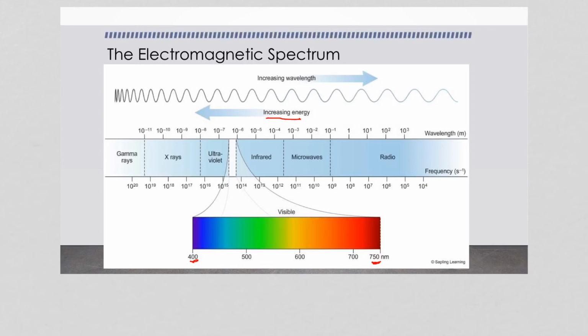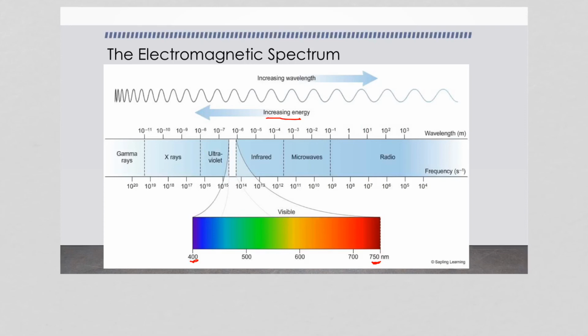And this is where we see the bulk of the communication techniques, things like TV signals, radio signals, satellite signals, cellular phone signals, all existing in this radio wave part of the spectrum, where we have very long wavelengths, relatively low frequencies, and, as we might think, low energies, right?